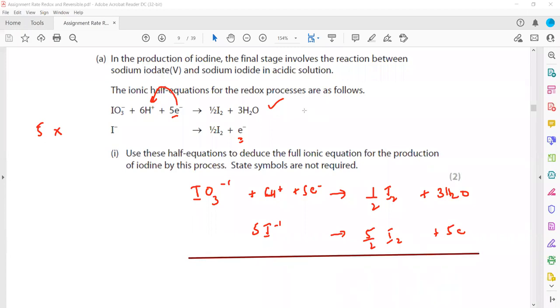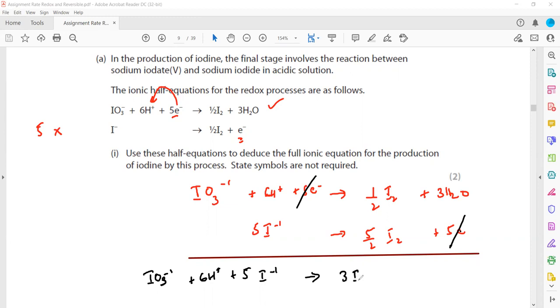When we add, the electrons will cancel with electrons. Here we have 5 electrons on each side, so they cancel. When we solve, it will be IO3 with a charge of -1, then 6 protons, then 5 iodide ions. Then iodine molecules: when we add, it is 2.5 plus half, so it is 3 iodine molecules.